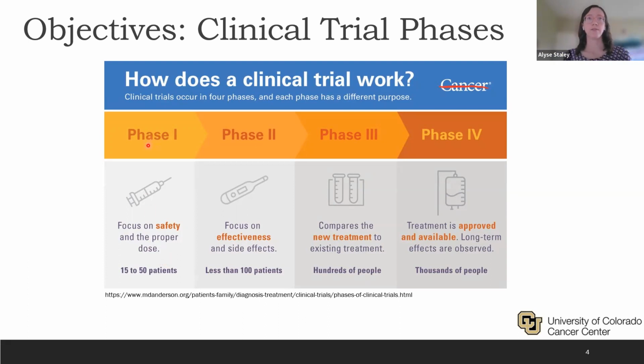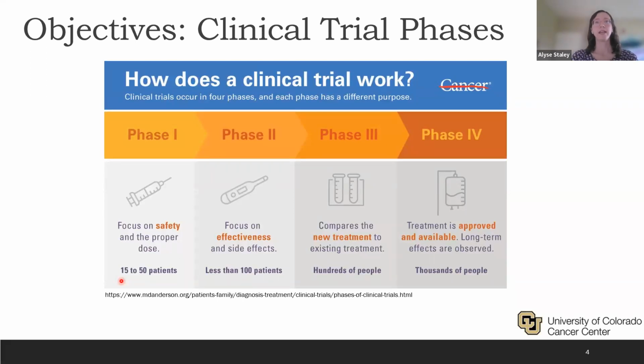Phase 1, which will be the focus of today's lecture, is used to assess safety and the proper dose of a new drug. This is the smallest phase clinical trial and generally has somewhere between 15 and 50 patients. Although for simple phase 1 designs in cancer applications, we generally see on the lower end closer to 15 patients.